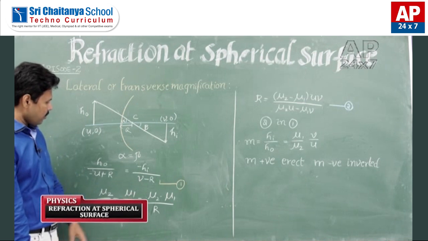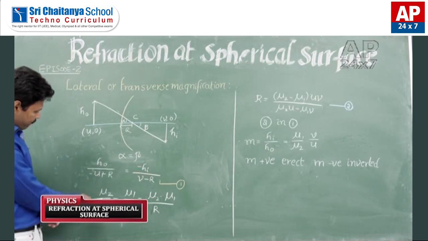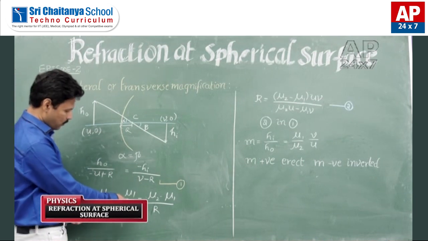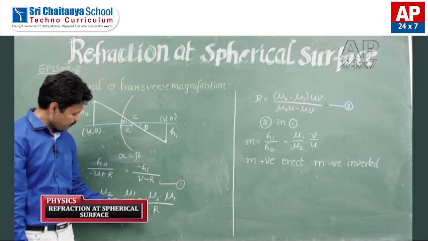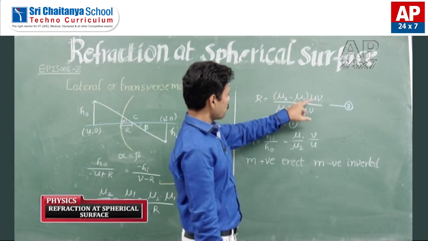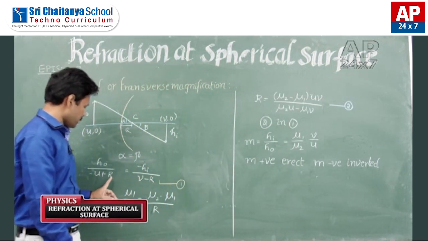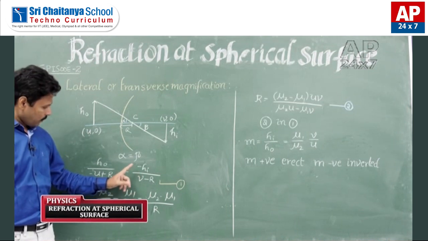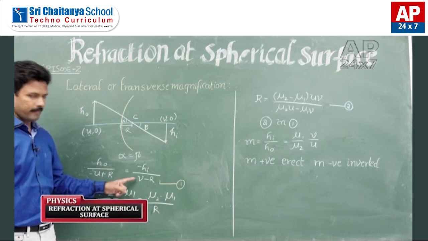To find the value of r, take the equation for refraction, that is mu2 by v minus mu1 by u is equal to (mu2 minus mu1) by r. From this we get the value of r in terms of mu1, mu2, u and v. Students, see carefully, we are getting the value of r from this equation. Substitute that in this equation.